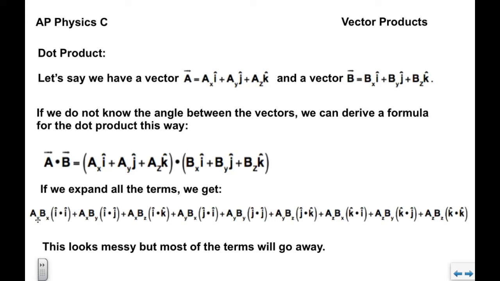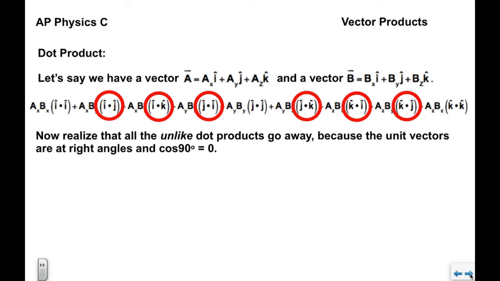So here is ax bx, that's this term times this term, and then dot the two vectors, i dot i. So this is the first term we get from foiling. Then we have axi dotted with byj, that's axby, and then i dot j, axbz, and then i dot k. And you can follow it the rest of the way. Looks like a big mess, but as we'll see, most of the terms are going to go away.